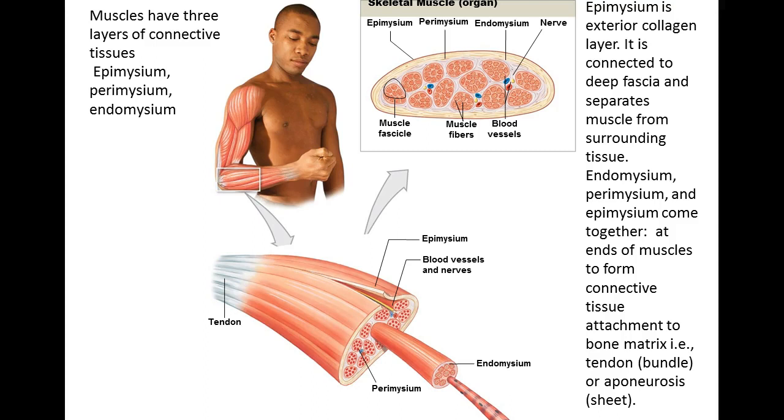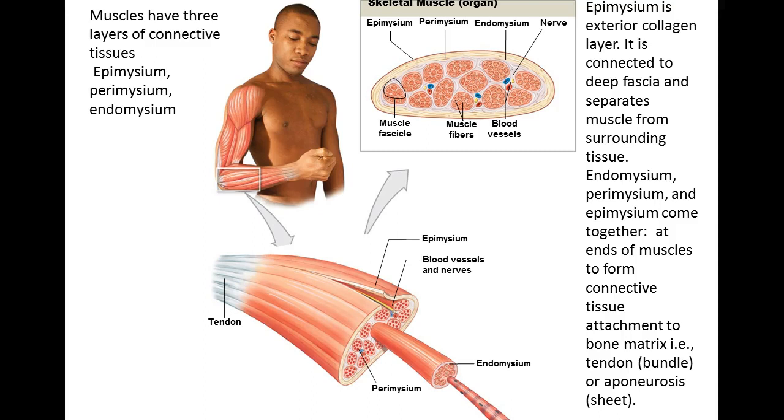This is going to be connective tissue, collagen fibers, some elastin fibers with a non-living matrix. Those collagen fibers can then blend into the tendon, and the tendon is going to attach that muscle to the bone.